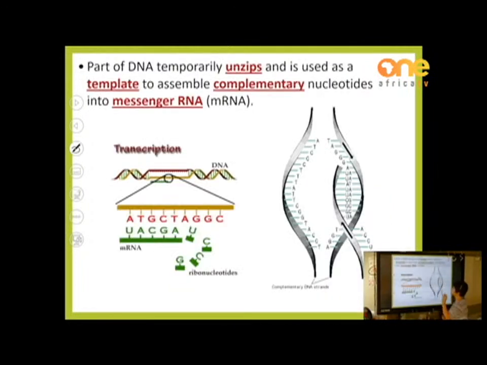So, transcription: a part of the DNA unwinds, unzips, breaking the hydrogen bonds. mRNA comes and takes only the part with the code on and copies the code from the DNA, but in a complementary message.